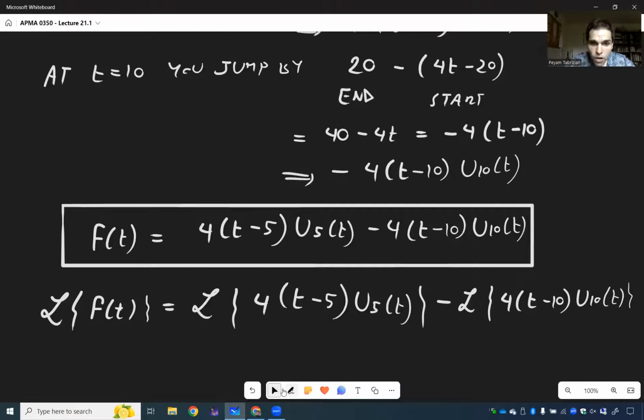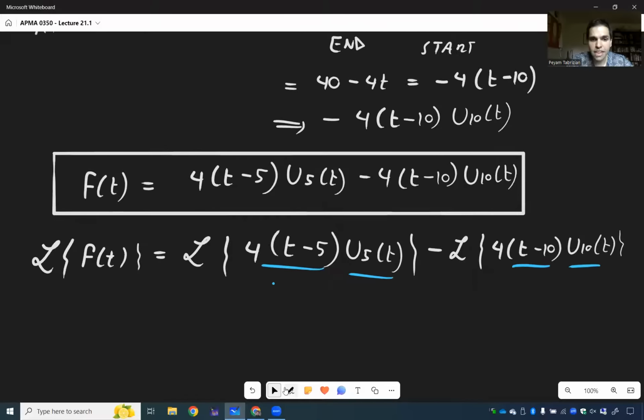And remember, whenever you shift and jump, an exponential term comes out. So that was a formula that we discussed in the previous videos.